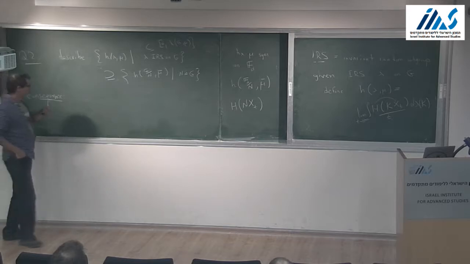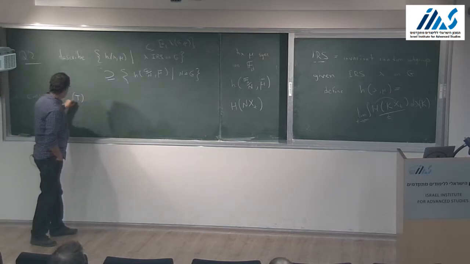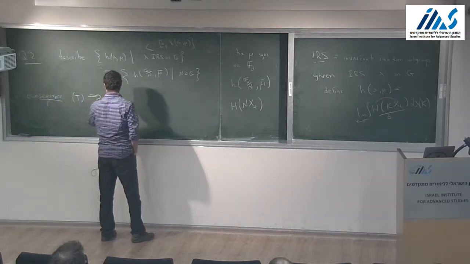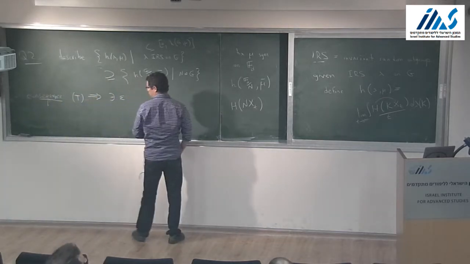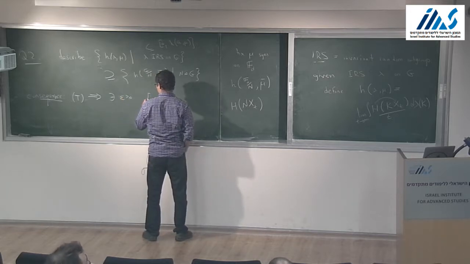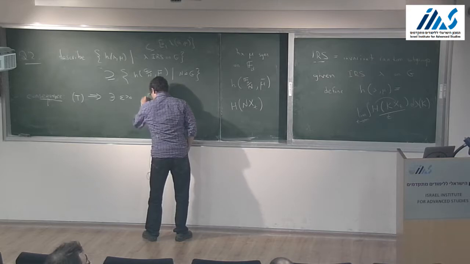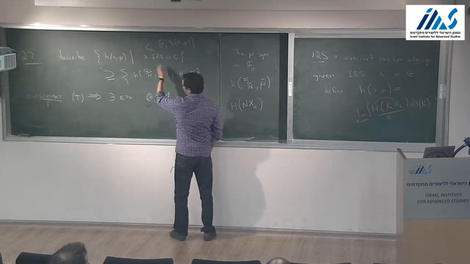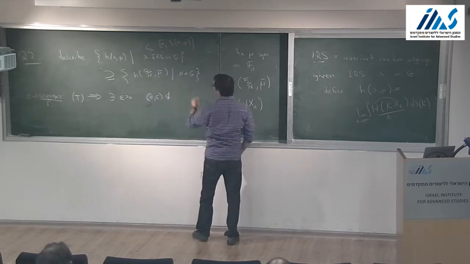Okay, so the consequence is that if the group has property T, then there exists epsilon so that the interval 0 epsilon is not contained inside this set, which I want to give a name.